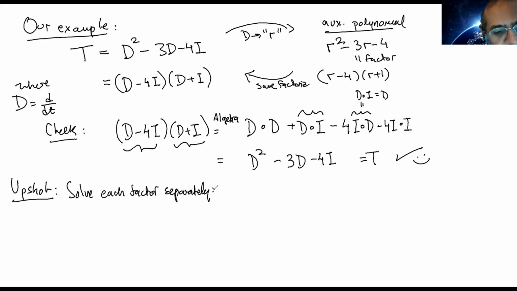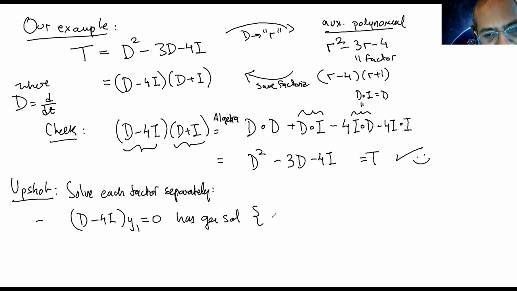So let's solve, I don't know, D minus 4I, let's call it y1, equals 0. Then, well, okay, so consider this first order ODE.